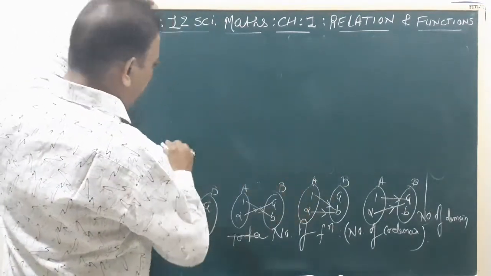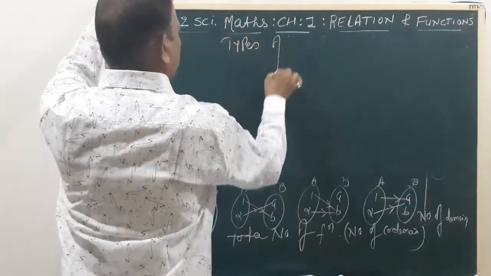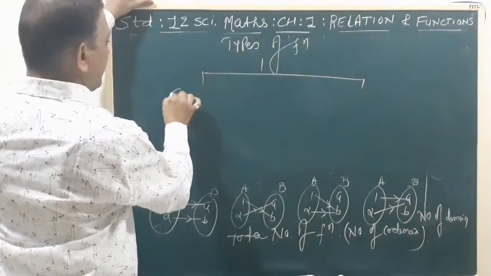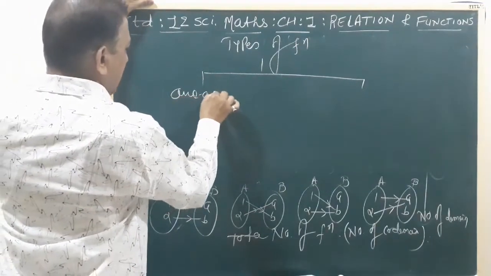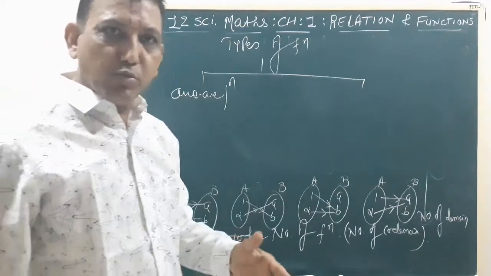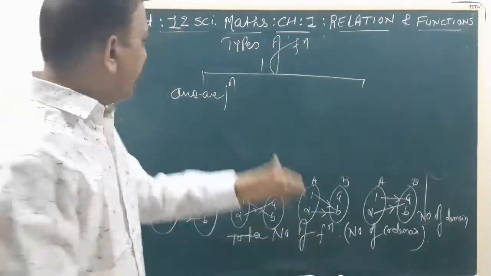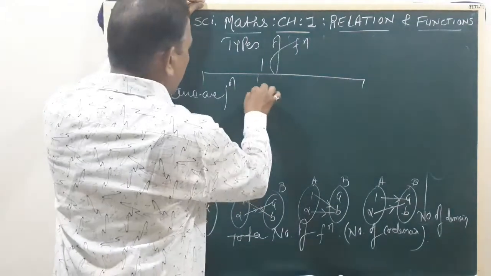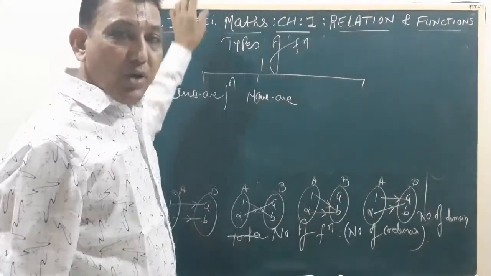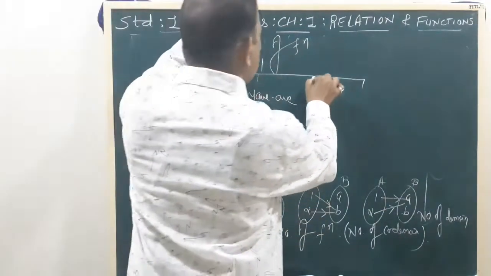Clear? Okay, now the types of function. How many types of function? First one, one-one function. Look at your textbook. First one is important. Second one, many-one function.